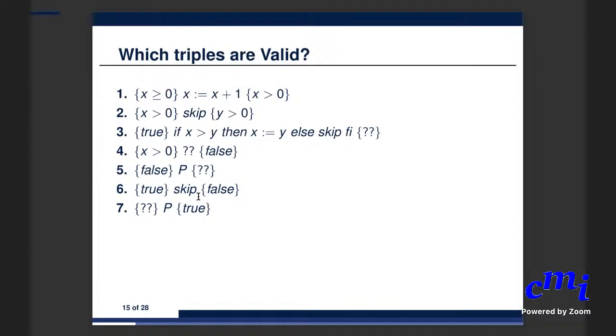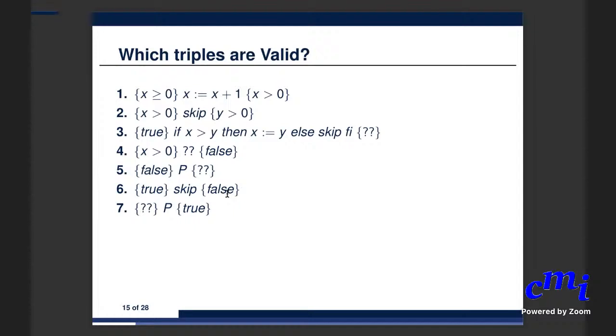Skip is a simple program, it always terminates. And therefore, since it terminates, it has to terminate in some state, which can never satisfy false. That's why this is not valid.